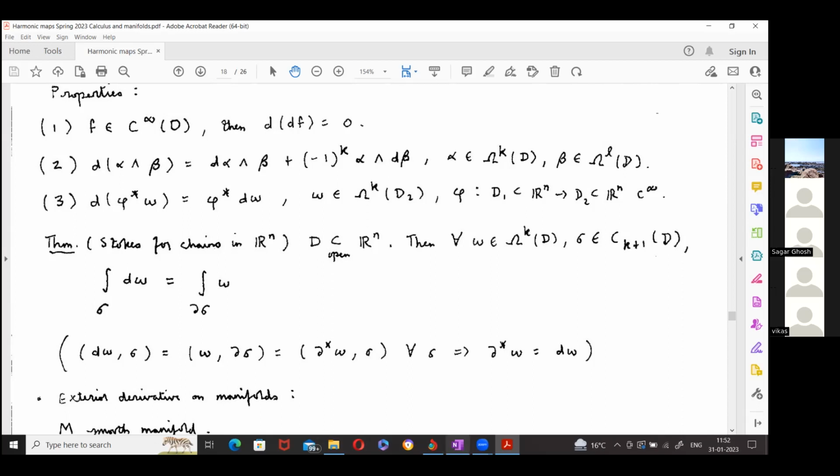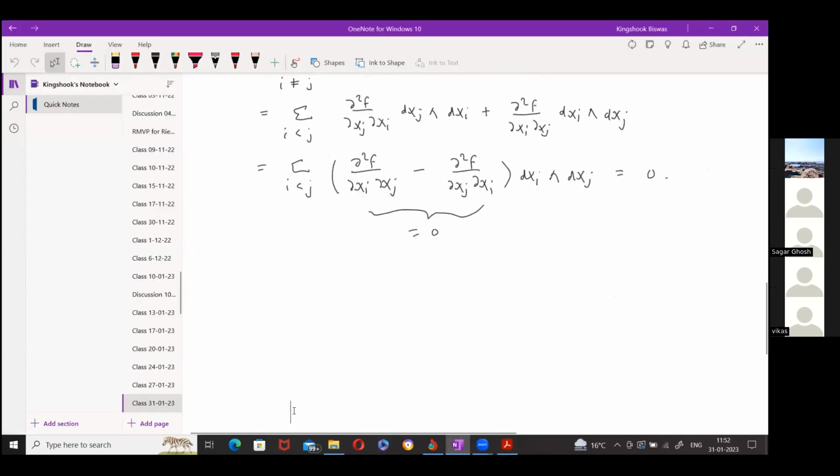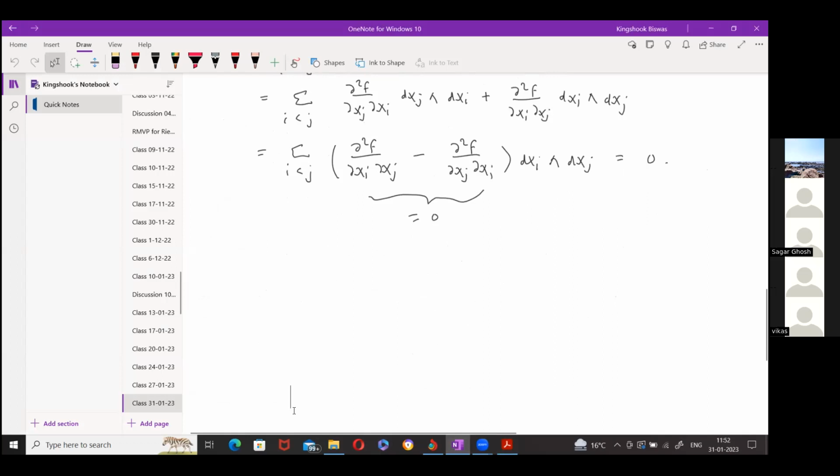So let me give you the intuition behind Stokes' theorem, why this is true. This is not a formal proof. This is just an intuition.